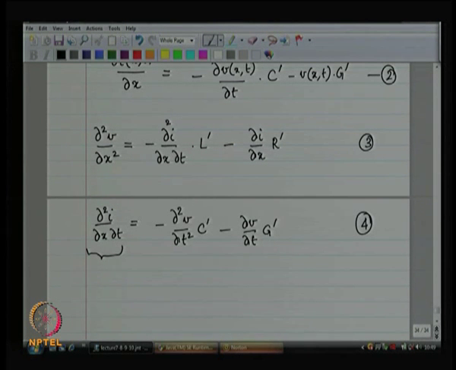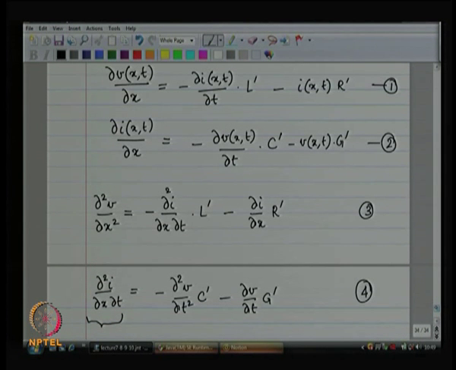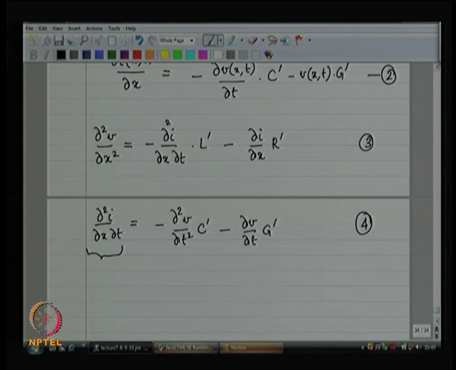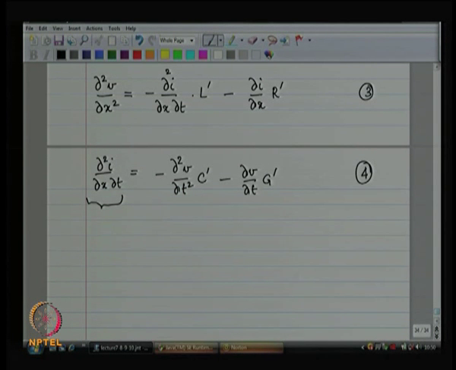Equation 2 gives me ∂I/∂x purely in terms of voltages, and equation 3 is something which is mixed up. So, I am going to replace each term in equation 3 and make everything purely in terms of voltages. So, what I am going to get is something like this.